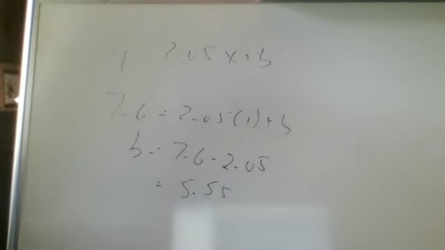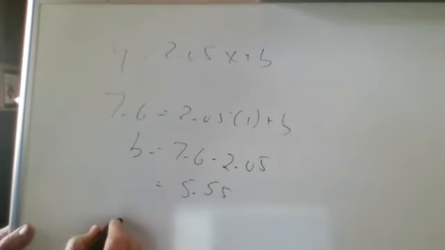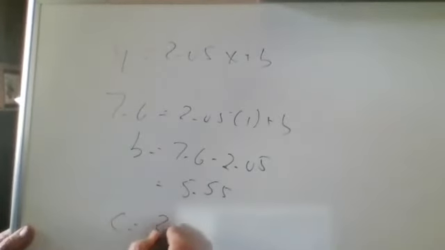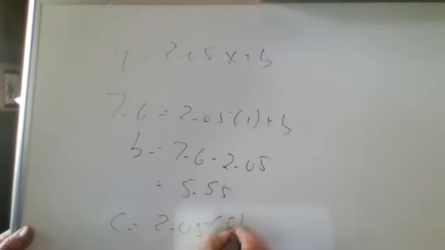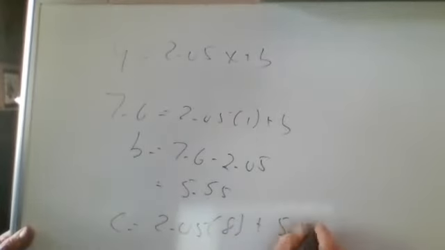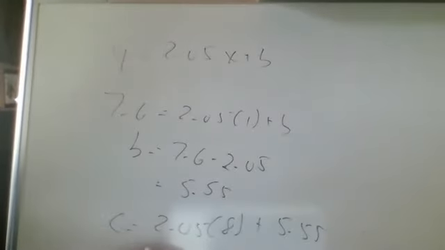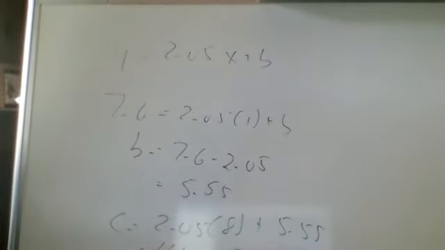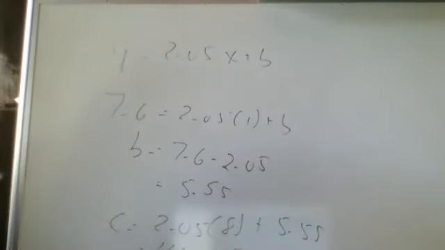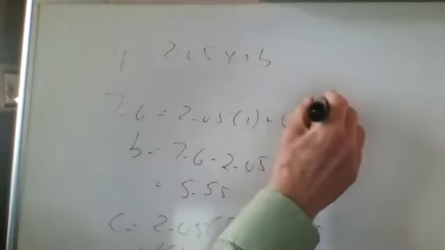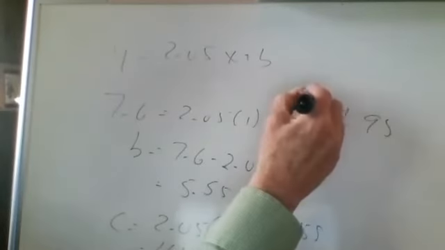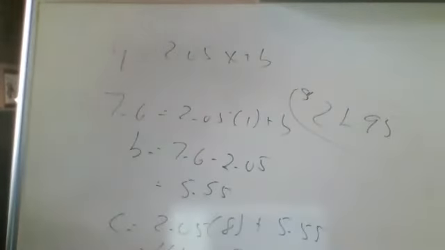So basically for an 8-pound package, the cost is 2.05 times 8 plus 5.55, all right? 2.05 times 8 is 16.4 plus 5.55 is going to be 21.95, $21.95 is the answer, okay?